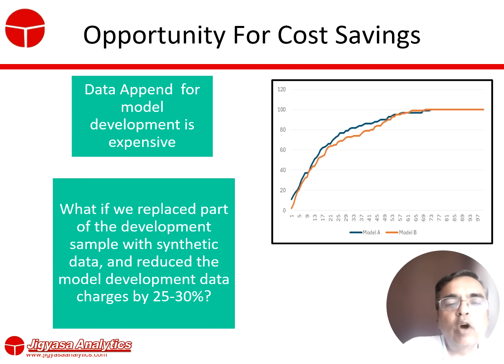And so what if we could substitute out a portion of the real sample, say 25% of the real sample, with synthetic data and lower our costs by that amount.